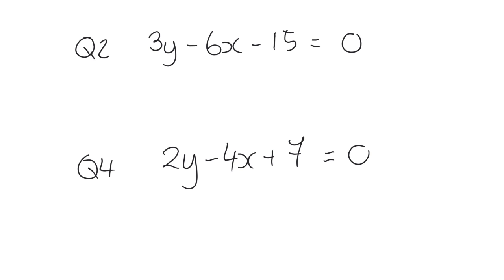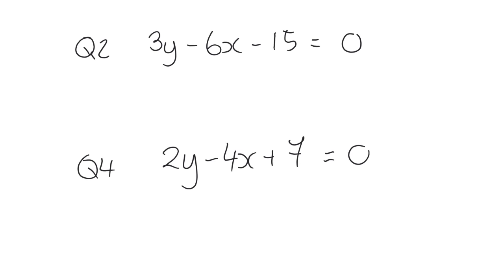What you might do is recognize that there are numbers in front of an x. You might take a guess that the gradient of the first example is -6, and the gradient of the second example is -4.